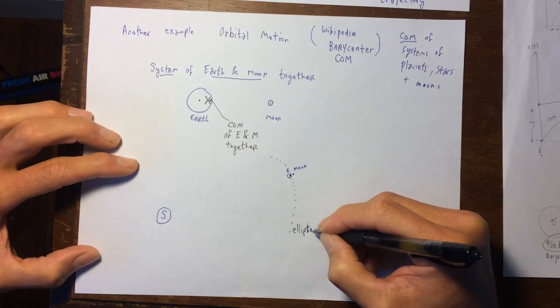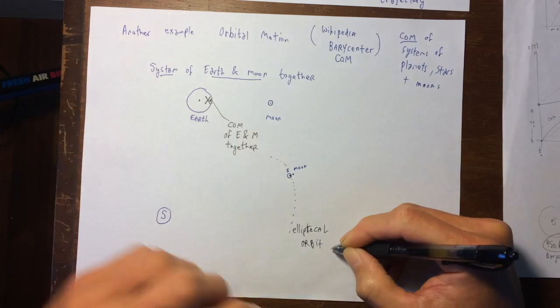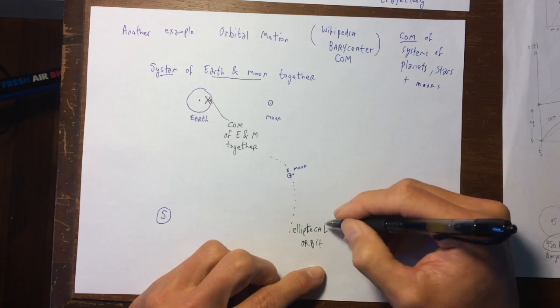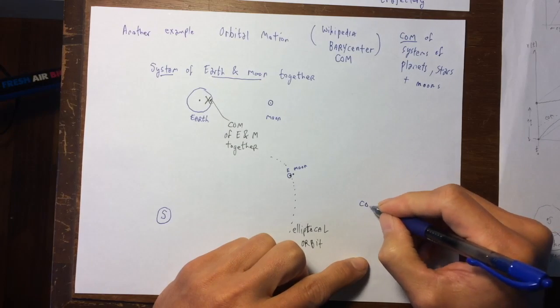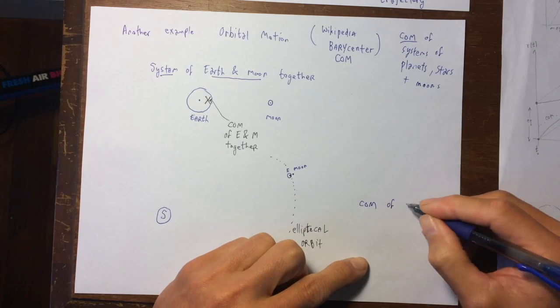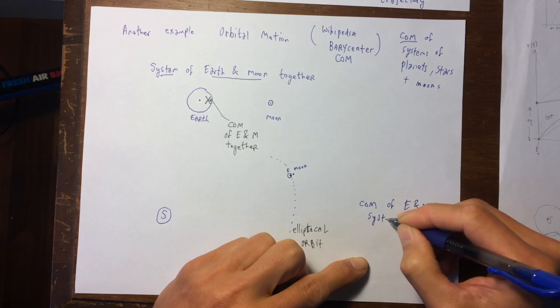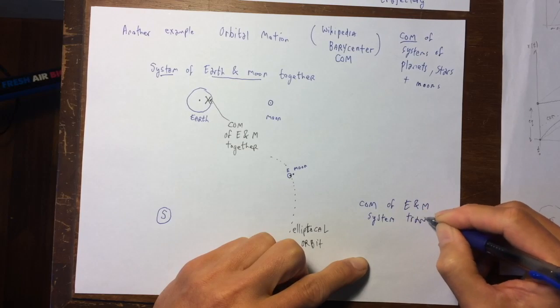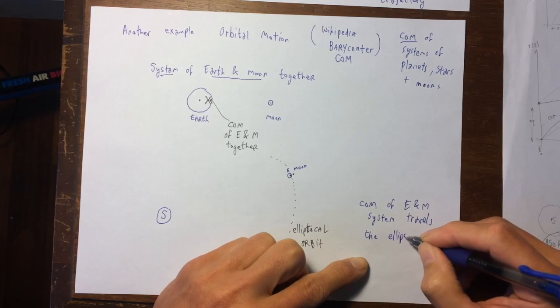Let's go elliptical orbit. So the COM of the Earth and Moon system travels the ellipse.